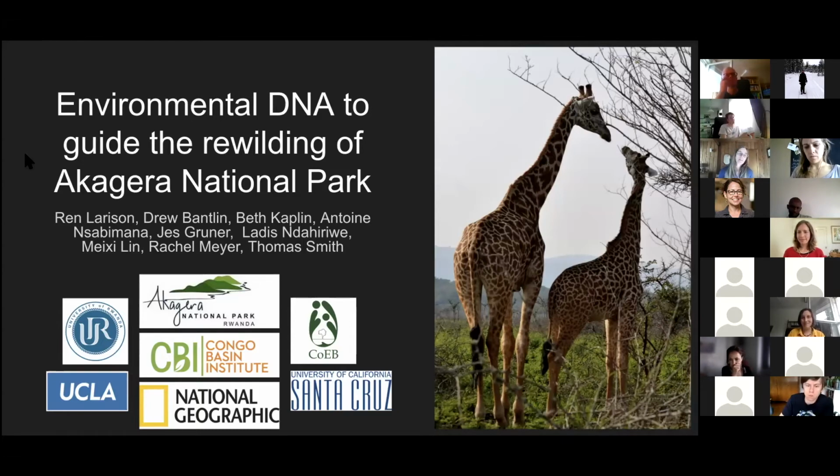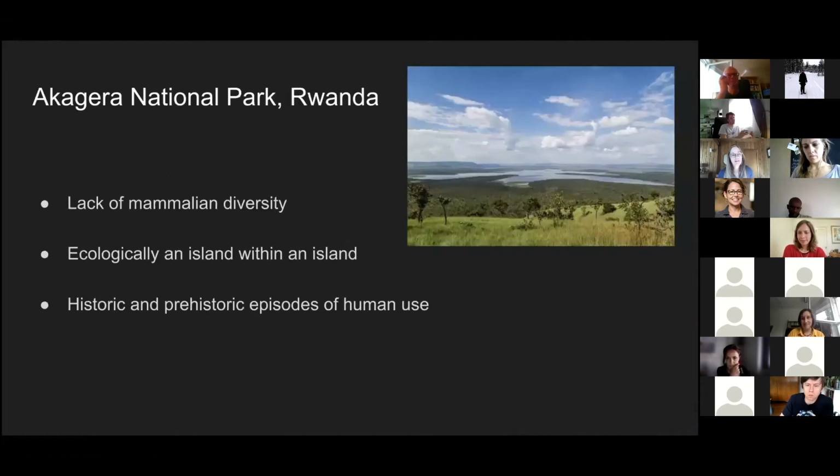As I noted, there's a lack of mammalian diversity, and there could be a couple of reasons for that. It could be ecological, because Akagera has been referred to as an island within an island. It used to be contiguous with the Serengeti savanna ecosystem.